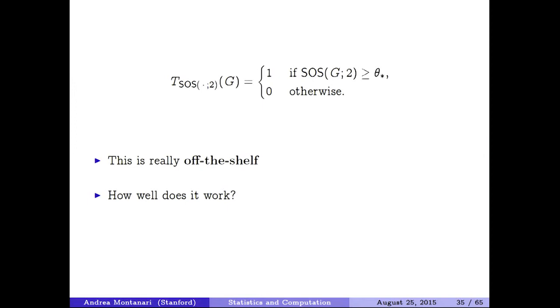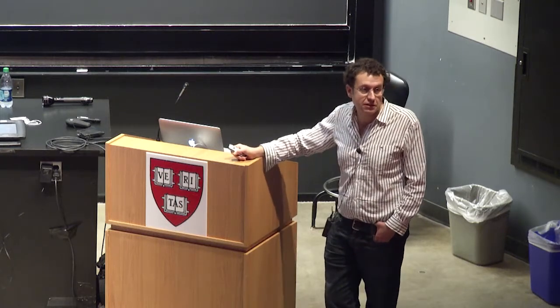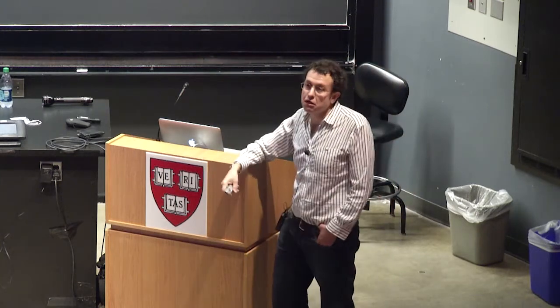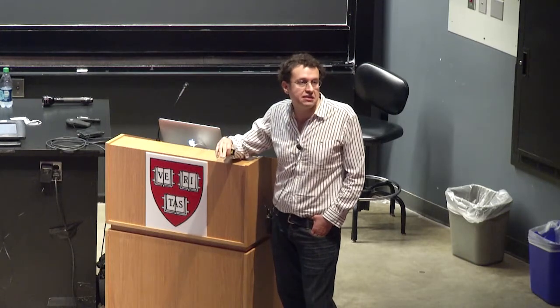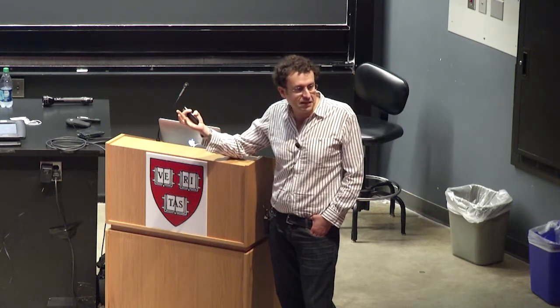Okay, now my test will be the following. I'll compute this value. I can compute it in polynomial time because it's a convex problem, a semi-definite program. And then I'll output 1. So what I would have done if I had been able to compute the maximum likelihood: the maximum likelihood test would have been, if the value is larger than a certain threshold, I'll say the alternative is true.